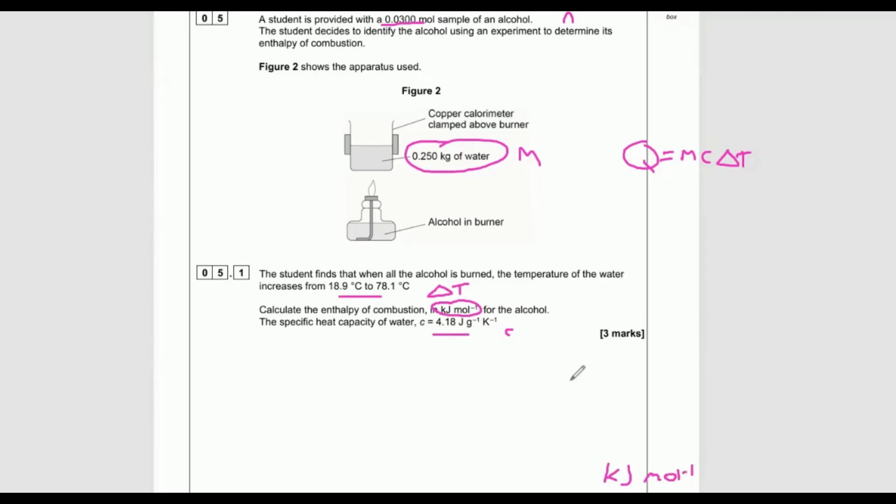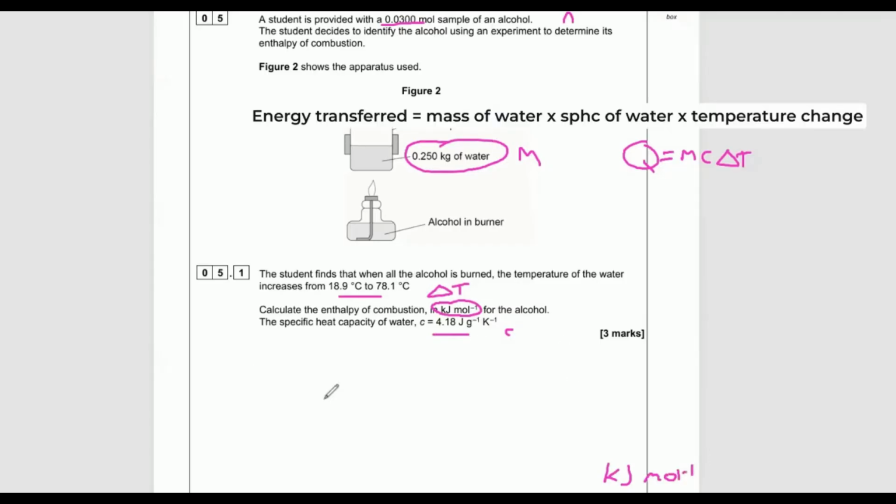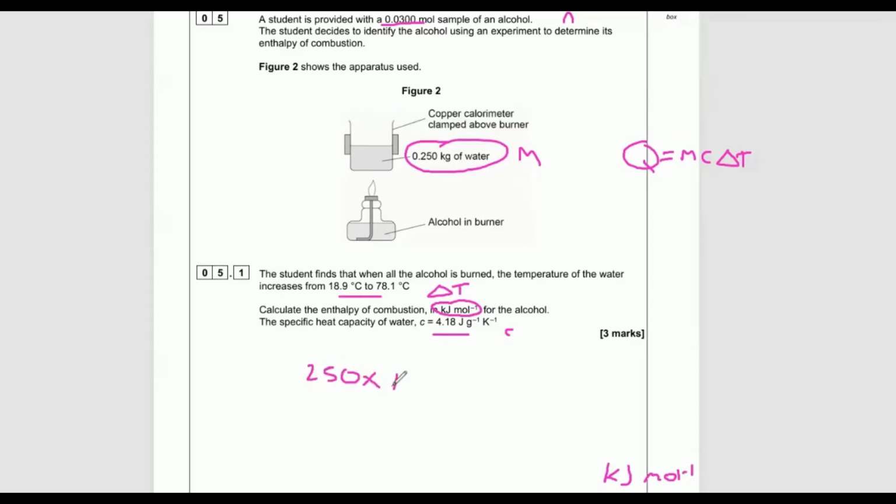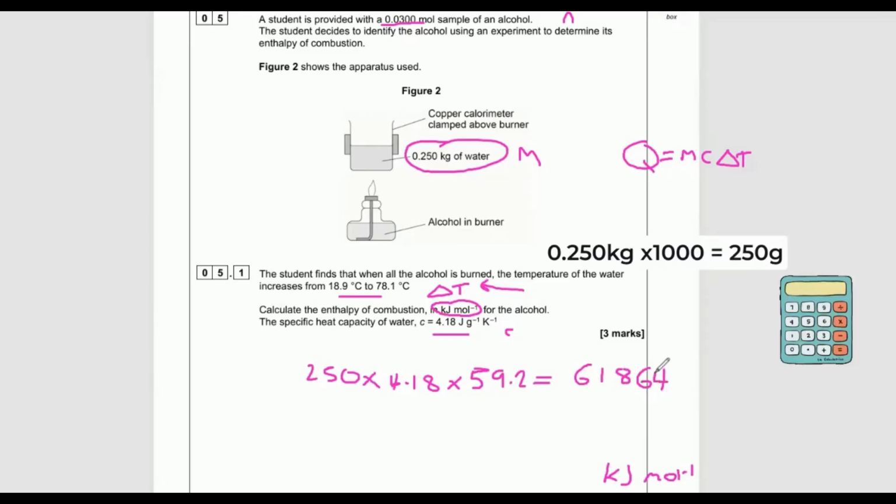And we can use this equation, Q equals mc delta T, where Q is the energy transferred and delta T is the temperature change. Let's work out the enthalpy of combustion in kilojoules per mole. So we need to do the mass times the specific heat capacity times the temperature increase. Now the mass is in grams, so you need to convert the 0.250 kilograms to grams, so times by 1,000.